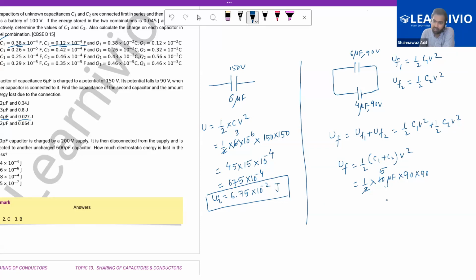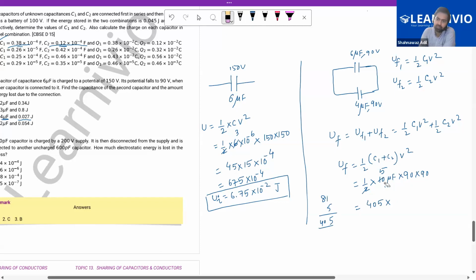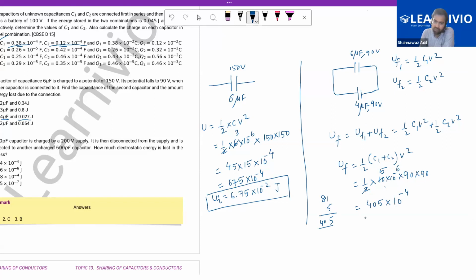And then 9 nines are 81, 81 into 5. So 5 is 40, so 405. 405 into 10 to the power minus 6, and then we have 10 to the power minus 4.